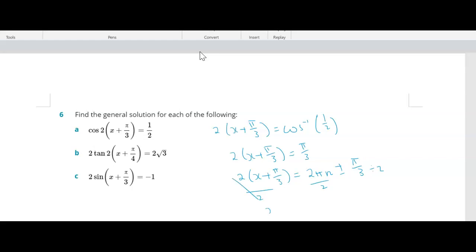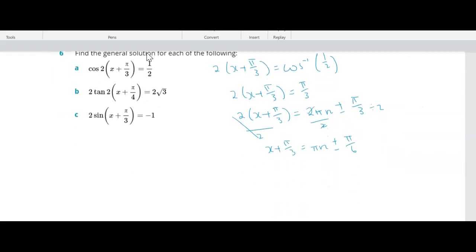So that cancels out, so we're left with x plus pi on 3 equals, those 2's cancel out, so that's good, pi n plus or minus pi on 6. Now we're going to have to subtract pi on 3 from both sides.